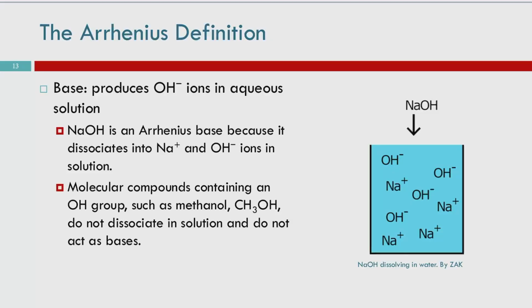For bases, our Arrhenius definition is that it produces OH minus ions. And again, this is in aqueous solution. So for both of our definitions, they have to be in aqueous solution.